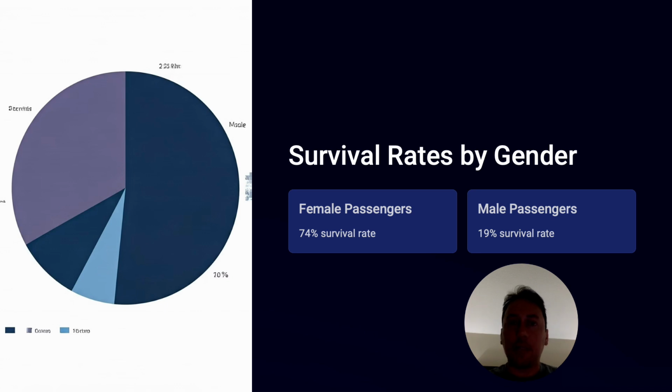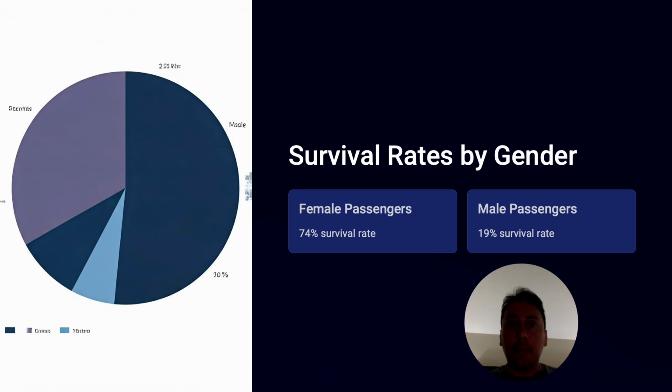The survival rate in male passengers, 19%. The survival rate among male passengers is quite low compared to that of female passengers. This is because the women and children first policy placed men among the last to board the lifeboats, if at all.